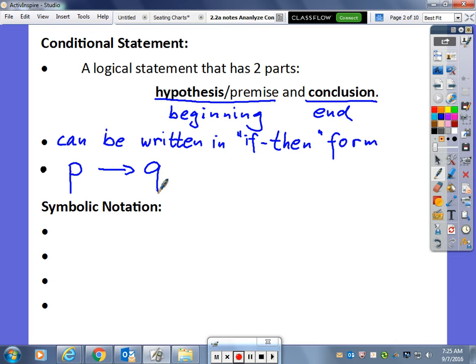This reads P, then Q, and we use the letters of the alphabet in alphabetical order. We use symbolic notation to simplify things. We don't have to write out the entire conditional statement with all the words. We can just abbreviate by using letters for the hypotheses and the conclusions.